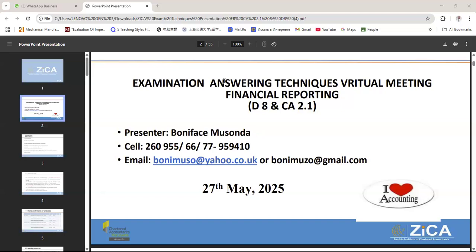You may wish to know that when we accredit a tuition provider, those that you see on our website listed as tuition providers, the process of accrediting them includes assessing what kind of people they have as lecturers. So institutions that do not have qualified lecturers, we do not accredit. So that's why we urge you to ensure that you attend tuition, because at the end of the day, we want to see a situation where you do your studies, you complete on time.